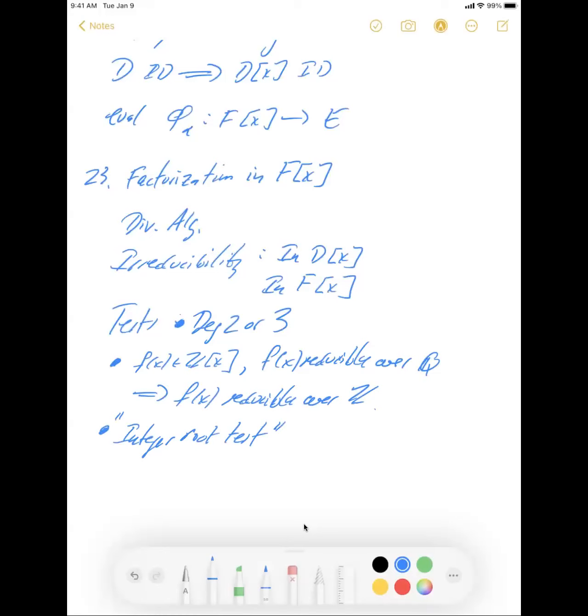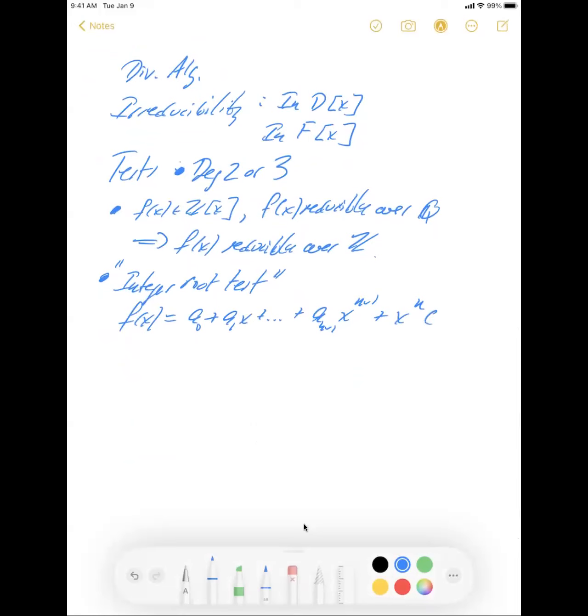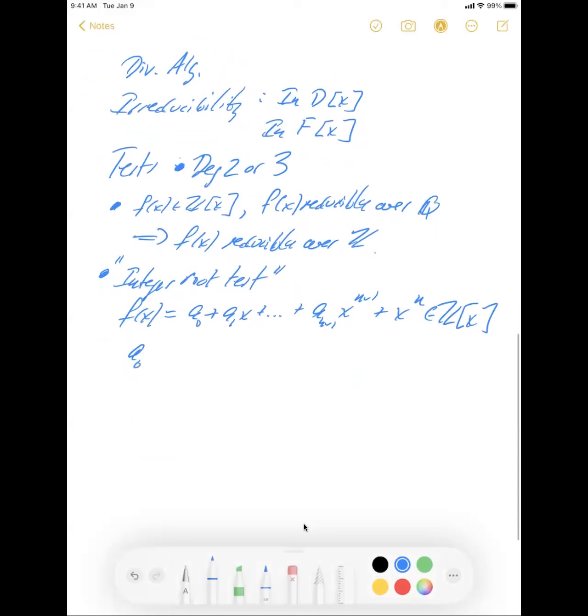That's the one that says, if you have f of x equal to a0 plus a1x plus dot dot dot plus an minus 1 x to the n minus 1 plus x to the n, so we have a monic polynomial where the coefficients are in Z. And we don't want A0 to be equal to 0. So A0 not equal to 0.